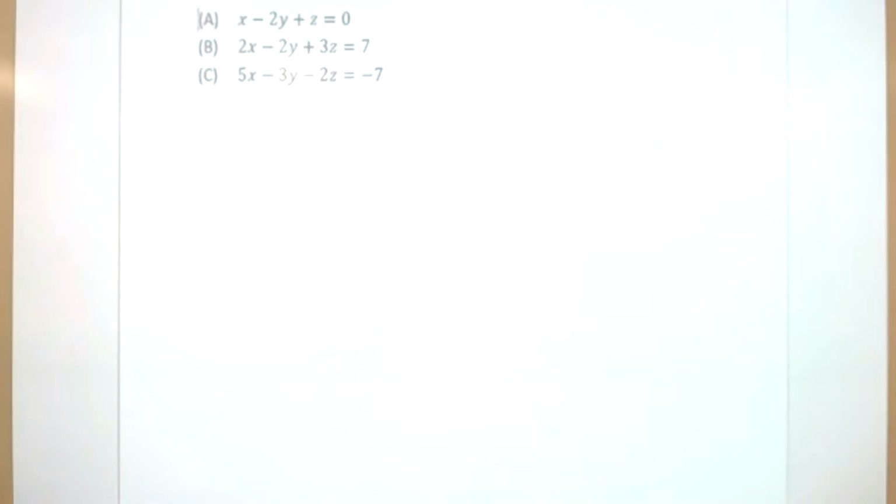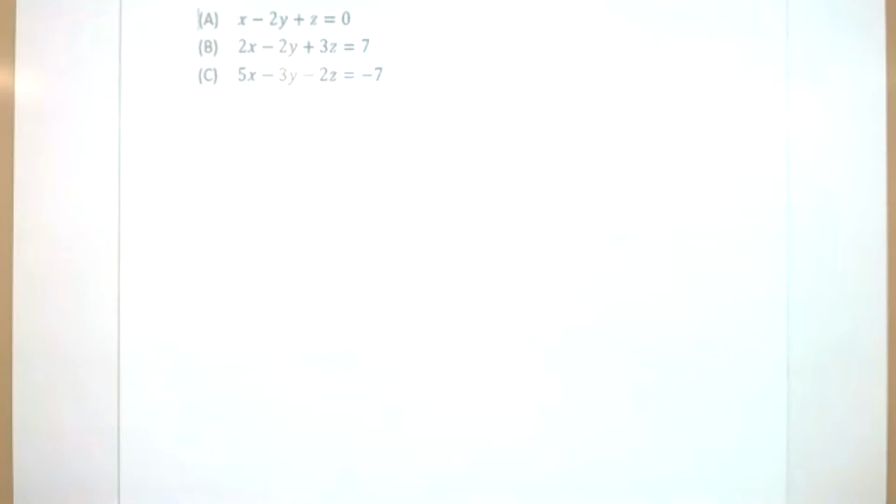All right, so I've got three equations. I've got x minus 2y plus z equals 0. That's equation A. Equation B is 2x minus 2y plus 3z equals 7. And equation C, I've got 5x minus 3y minus 2z equals -7.